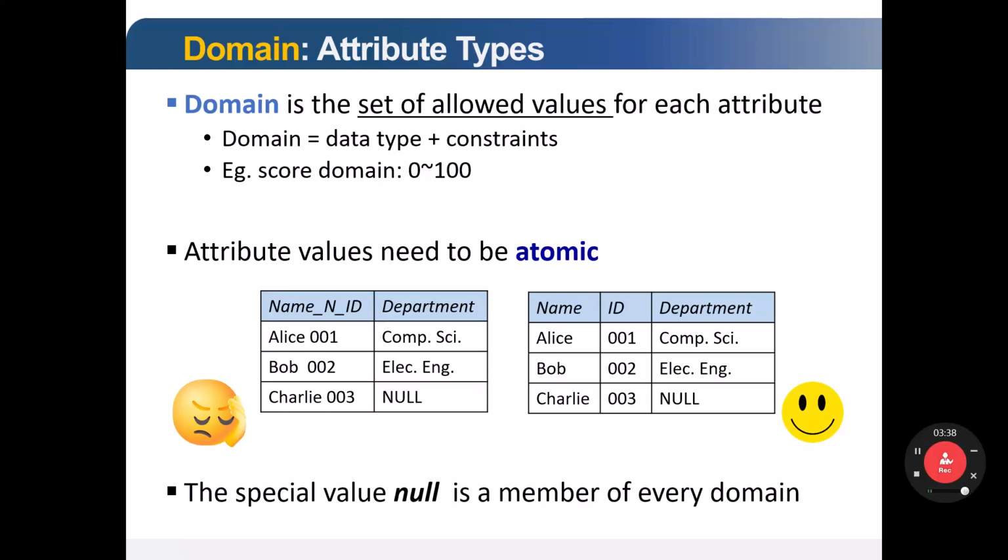In each cell of the two-dimensional table, we can store a value, and every value should have a data type. But in database management systems, we use another terminology called domain. A domain is not just a data type, but more than that. We call that additional feature a constraint.